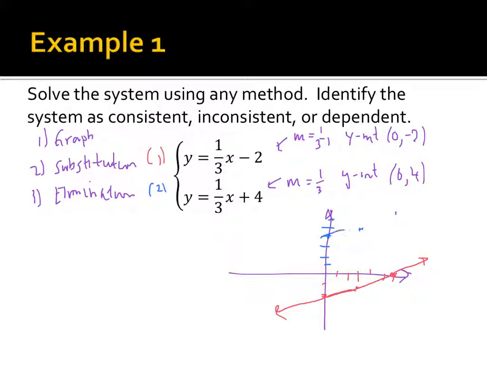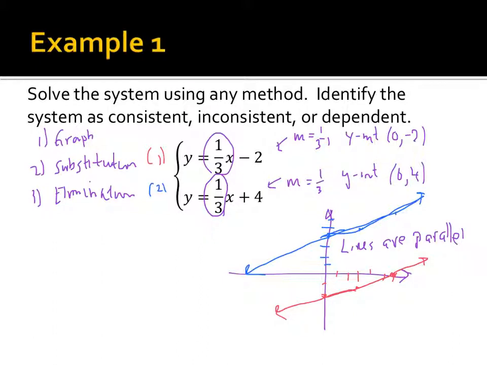And then as you graph this, especially if you're using graph paper, you start remembering, wait a minute, if the slopes are the same, the lines are parallel. Remember that when we solve the equations, wherever they meet is the solution, but these lines are parallel. They're never going to touch.